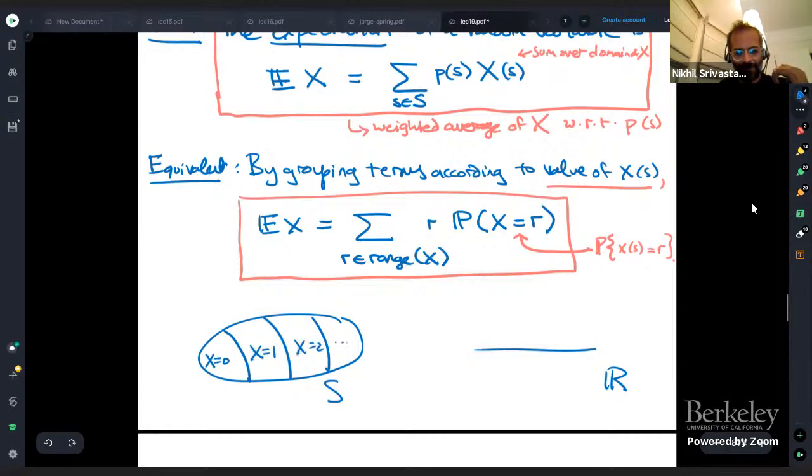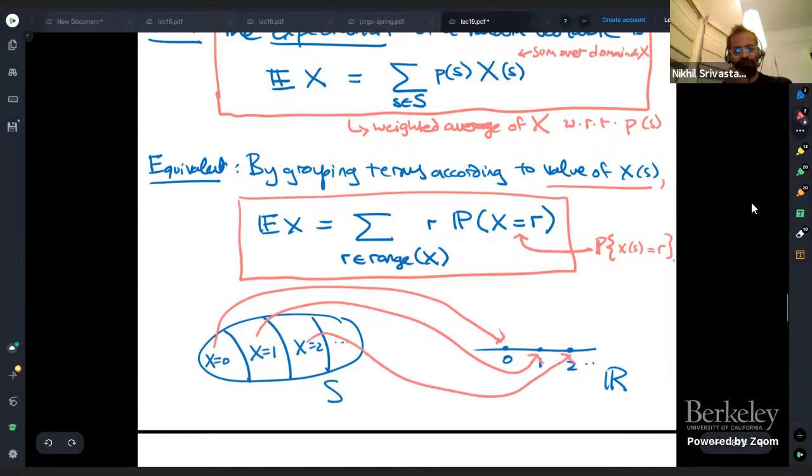And these get mapped to some values, 0, 1, 2, etc. And so all I'm saying is, hey, if I want to calculate the average of this function, what I can do instead is sum over the values in the range, and then for each of them multiply by the probability of the pre-image, of the inverse image.